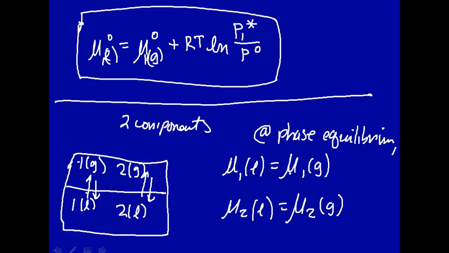Now, let's go ahead and put some expressions in here. Let's just do it first for component 1. So the chemical potential of component 1, sorry, that shouldn't be a 0. And let's just do the liquid phase here.